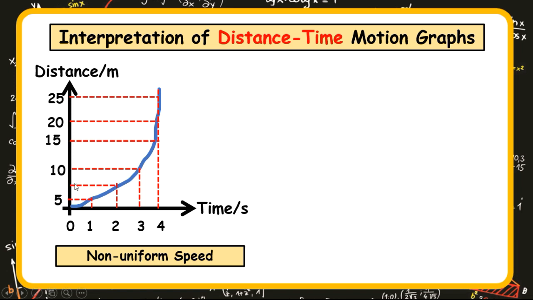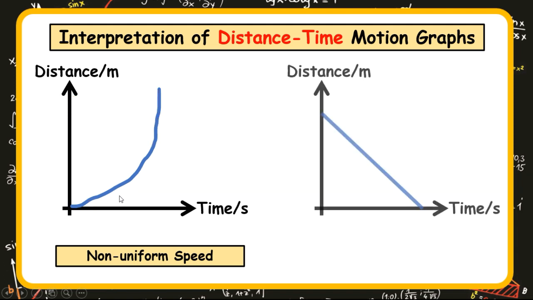So you could say 7.5. 3 seconds, 10. 4 seconds, 15. Then even at 5 seconds, you could still get 20 or 25 and so on and so forth. This is non-uniform because the time intervals and the distance intervals do not correlate. They do not correspond and increase by the same amount. That is why we say it is non-uniform speed.